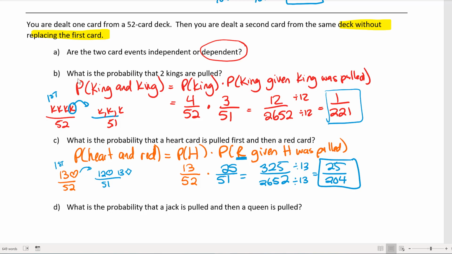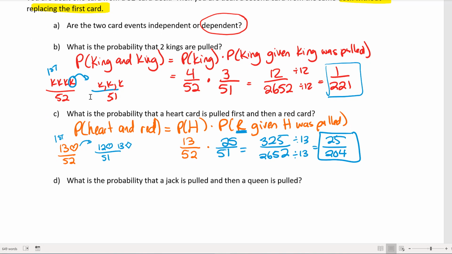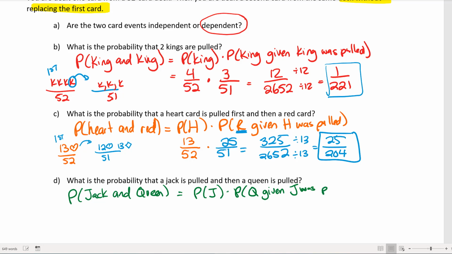And then our last problem for this example, what is the probability that a jack is pulled and then a queen? So that means we're going to do probability of jack times probability of queen given the jack was already pulled. Okay, so let's see. I have 4 jacks out of 52, and that is for my first pull.